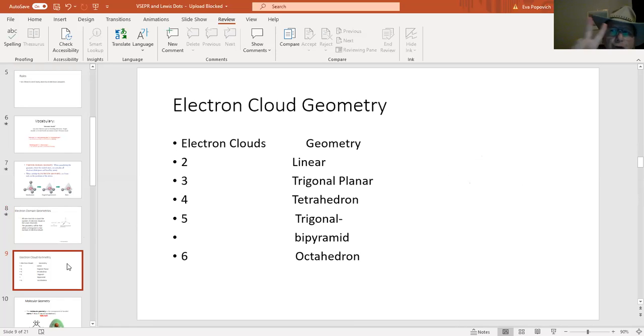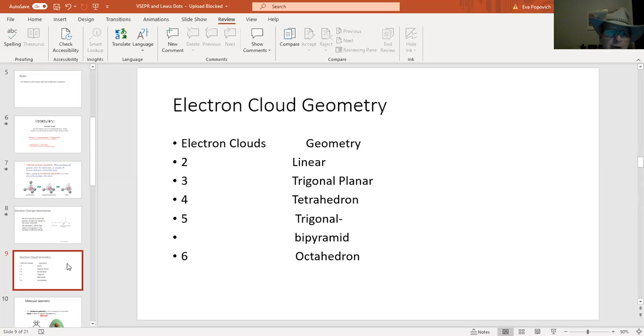If I have two electron clouds, they're going to want to get as far apart from one another. It's going to be linear. 3 electron clouds, one's going to be up, the other 2 are down. Again, equally spread apart. That shape is called a trigonal planar. If I get 4 things around the center atom, I have one of my electron clouds go straight up, the other 3 sit down.